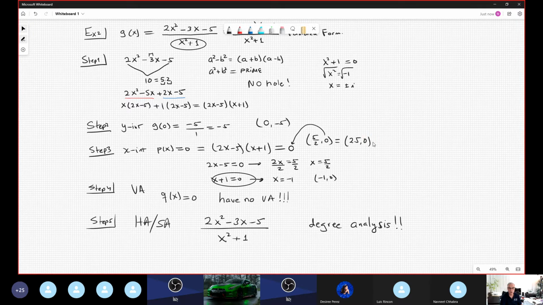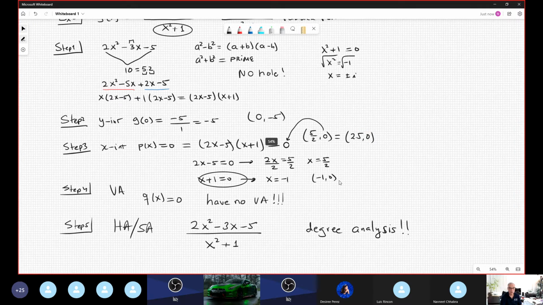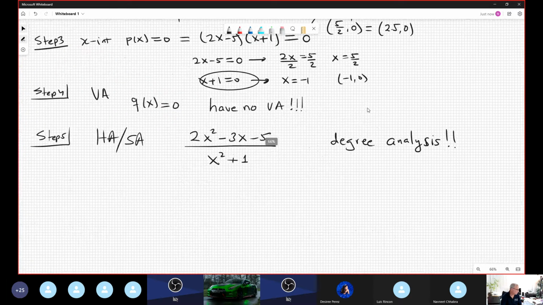We have horizontal, yes or no? All right, you say yes, we have. At what value? Yes, we have horizontal. Of course, we have no slant because they are mutually exclusive, and no vertical. Super.